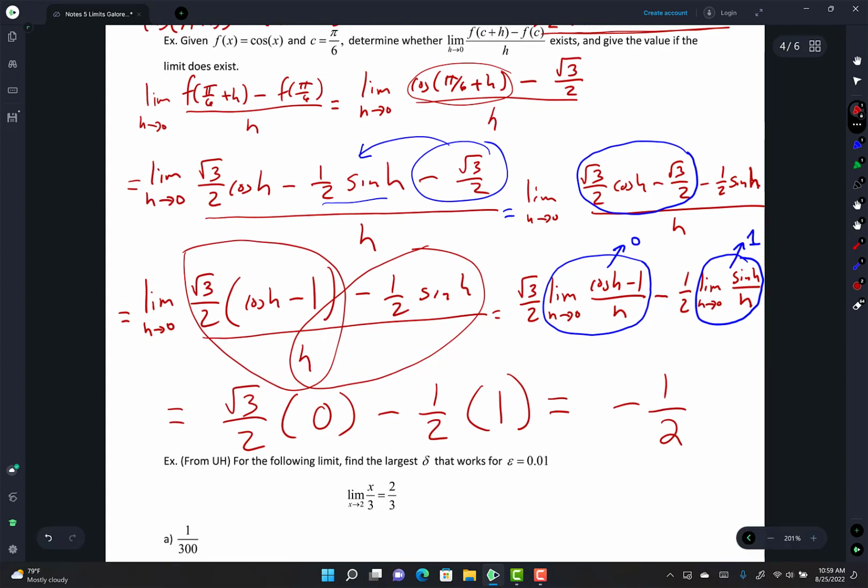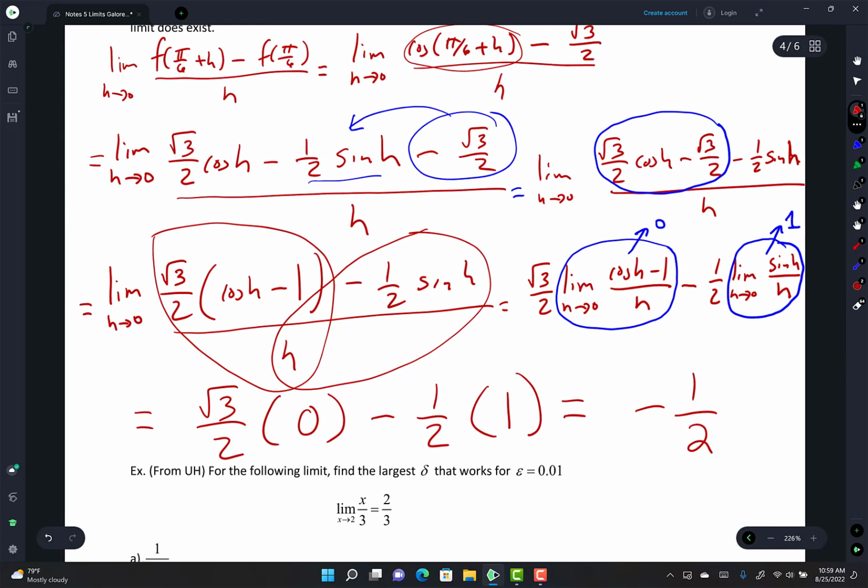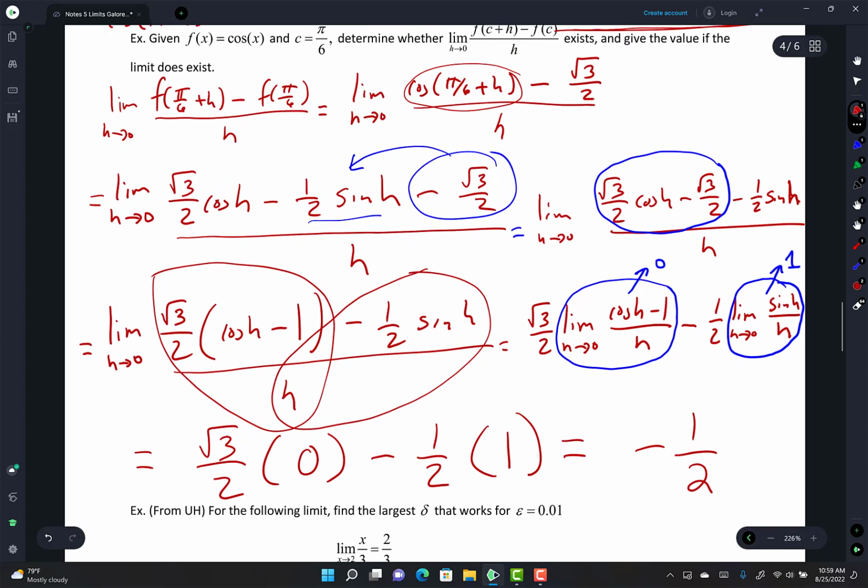The sine h over h, that's the limit property. That's 1. That's also a limit property. That one is 0. It doesn't matter how it looks: 1 minus cosine x over x or cosine x minus 1 over x. I think I put alternate forms in there.